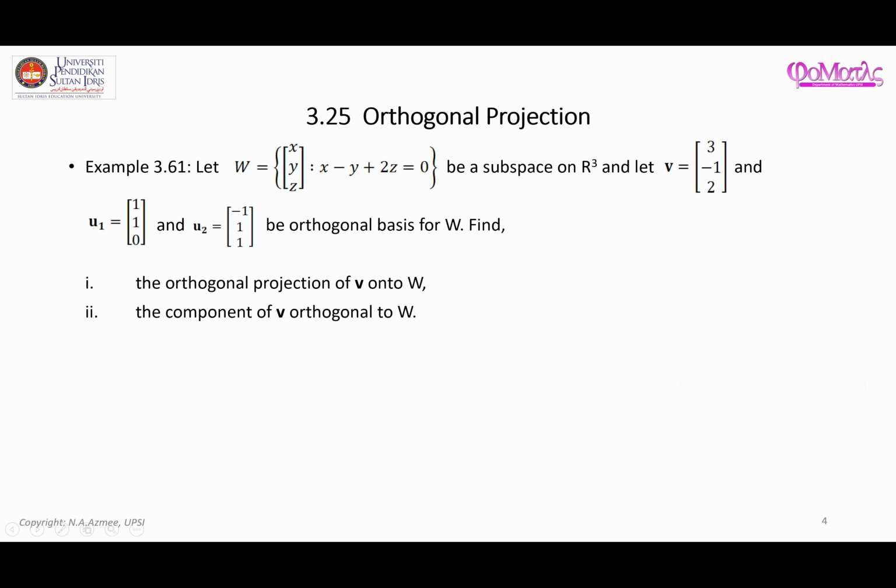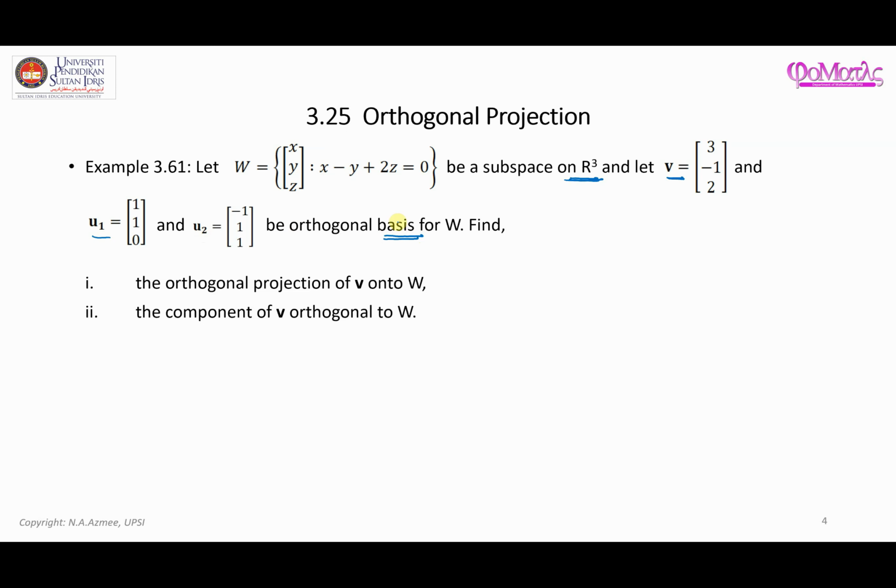Okay, so here is W, which is a subspace. This is a subspace of a vector space with 3 dimensions. This is vector v, and here we have an orthogonal basis.